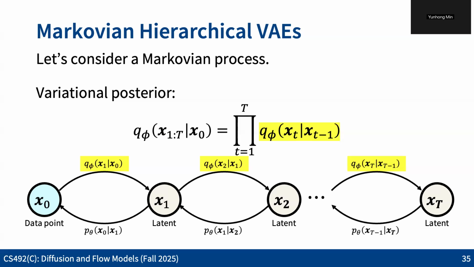So the question is why do we need to model both the Q and the P as Markovian processes, right? Is that the question? So actually we're going to see. But here the thing is that both the P and the Q are something that we are going to learn using the neural network. So if we make them non-Markovian processes, the learning of these two distributions will become more complicated in the VAE setup.